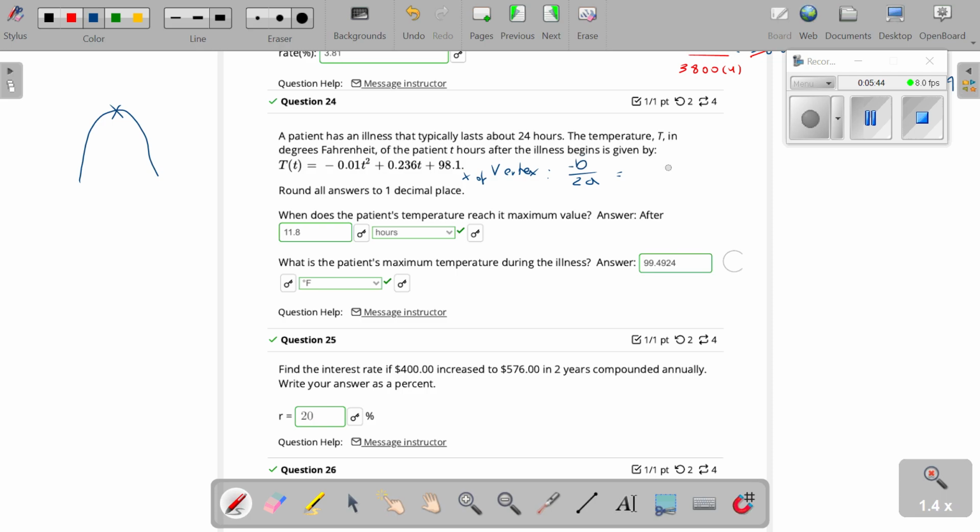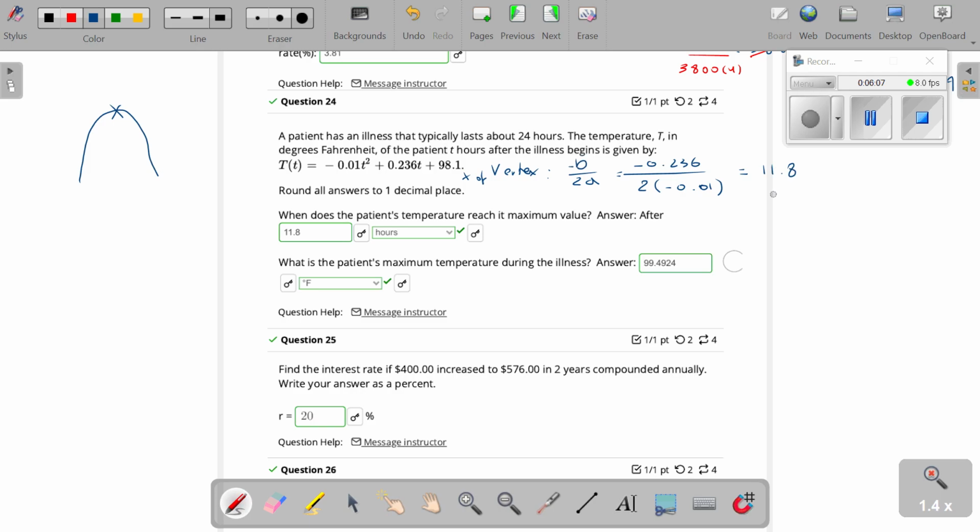So b is, I have a negative here, and I'm going to write 0.236 divided by 2 times the a value, which is negative 0.101. And when you use your calculator, that's going to be equal to 11.8.